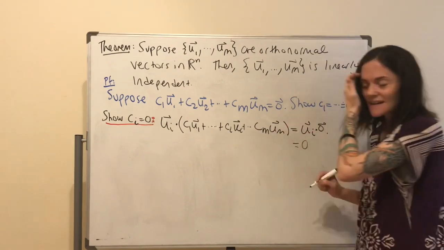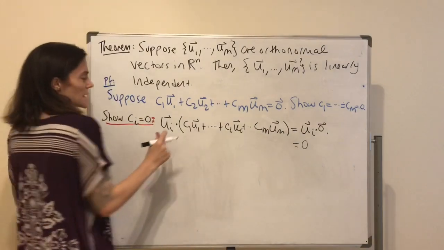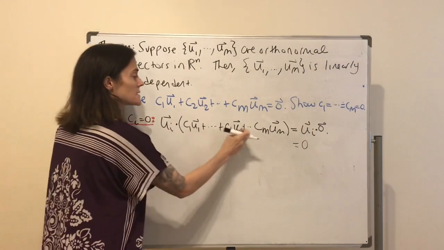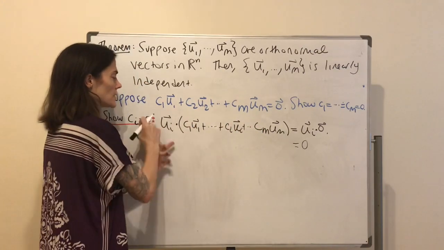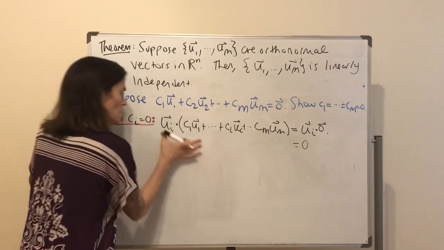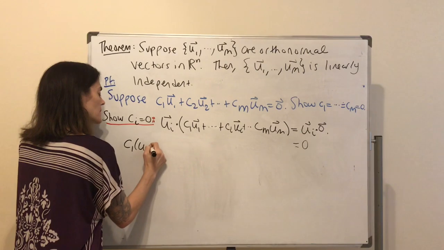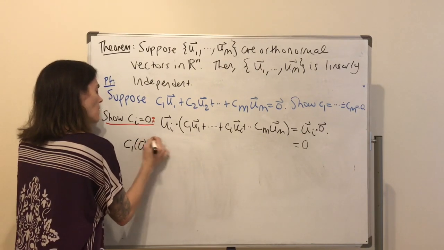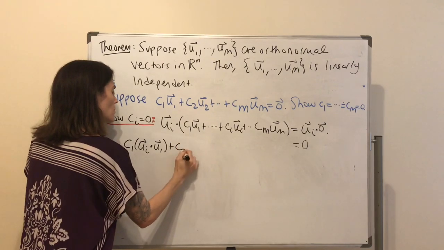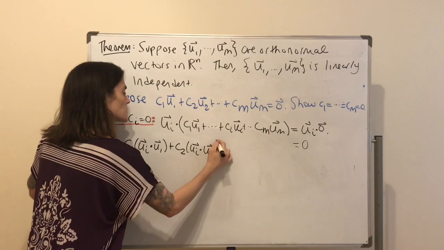Now let's do this side. One thing that we have is properties of dot product, which means I can distribute this across the sum, and these constants I can pull in front of the dot product of the two vectors. So this first term will be c1 ui dot u1. And then we have c2 ui dot u2 would be the next one.